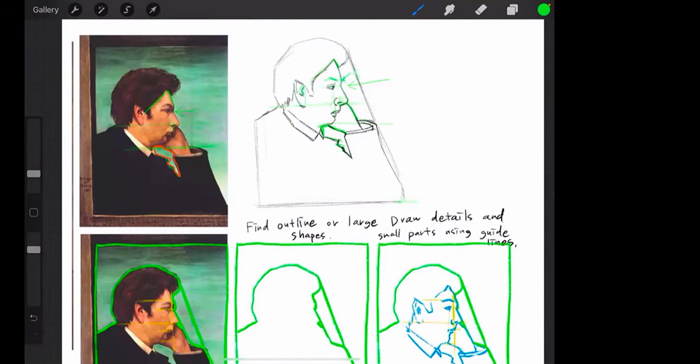You can easily create the mirrored image using a Lightbox. I added the mirrored image using a Lightbox. So I sketched out this man first, and I copied it on another paper using the Lightbox, and then I flipped the drawing and copied it with the Lightbox. So you can easily get the mirrored image.